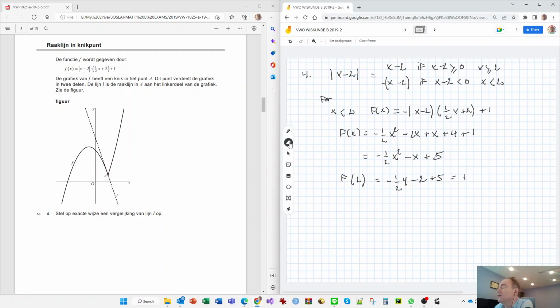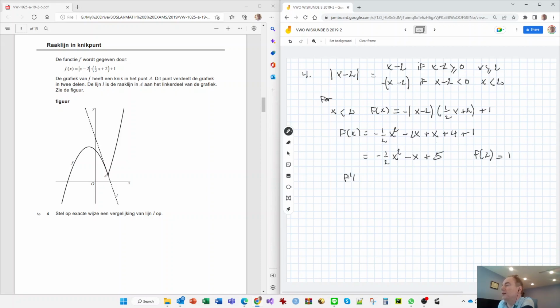Guys, embarrassing. This is the function itself. Actually, it's still useful to have the function evaluated at 2. So I just calculate that f of 2 is equal to 1, right? That roughly makes sense. I need to calculate now the derivative of f.